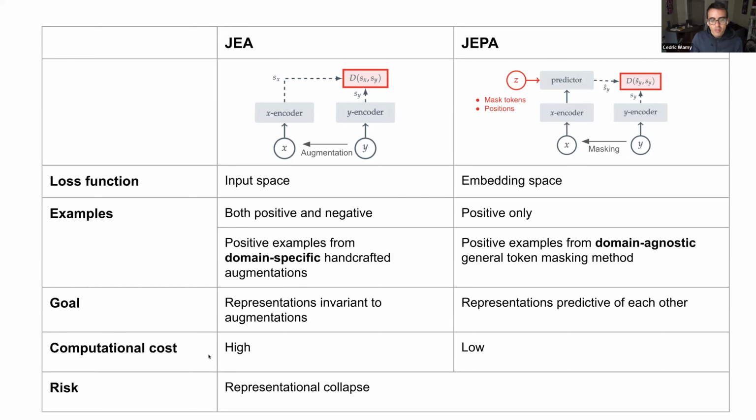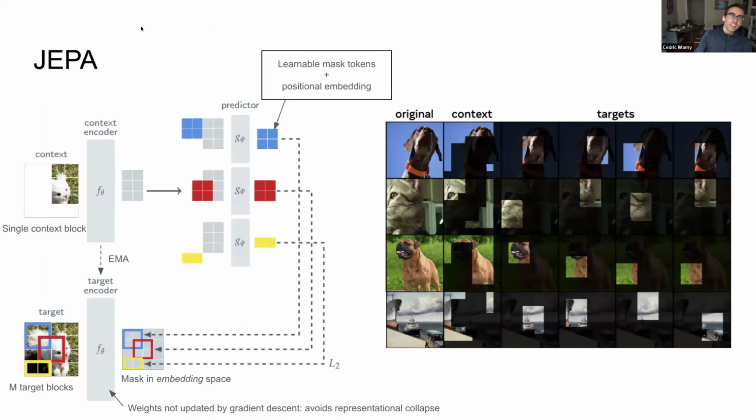We'll see when we look at the results that the computational costs for this approach tend to be high, whereas they tend to be low for the JEPA approach. And again, they share the same risk of representational collapse, but they solve it in a different way. Here we solve it by using both positive and negative examples. And here we solve it differently. I'll go over that in a second, but basically by not propagating the gradients through this encoder here. I'll detail that in a second.